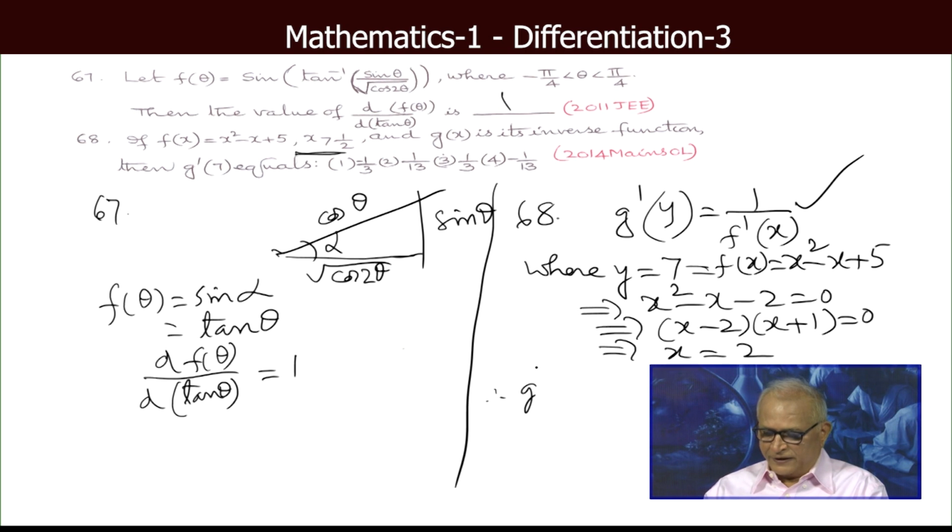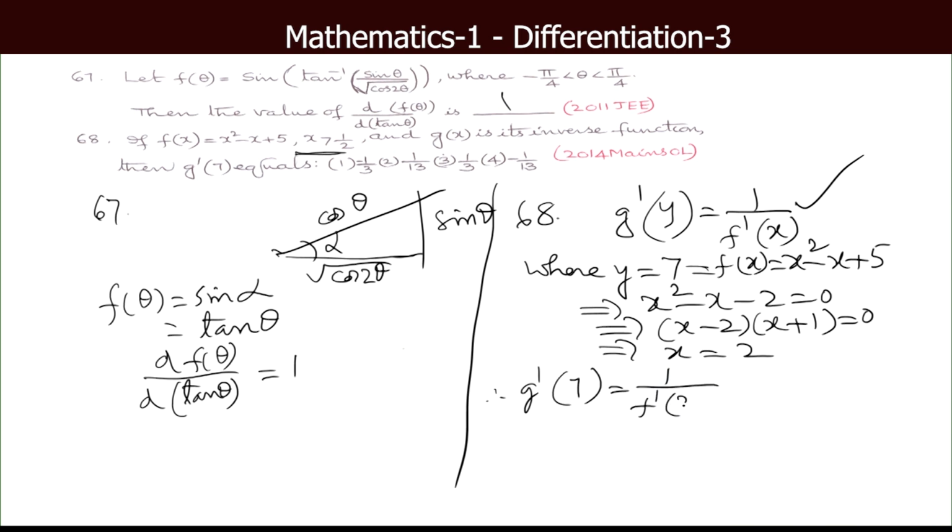Therefore, g dash at 7 is 1 by f dash 2. What is f dash x? Derivative of x square minus x plus 5 is 2x minus 1. So, what is the value at x equal to 2? 2 into 2 minus 1, so 1 by 3. So, that is the answer for the question, third option.